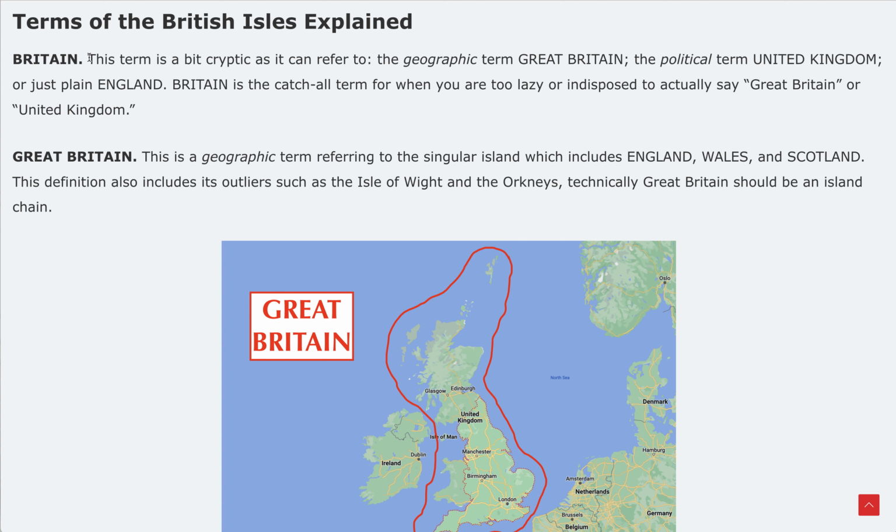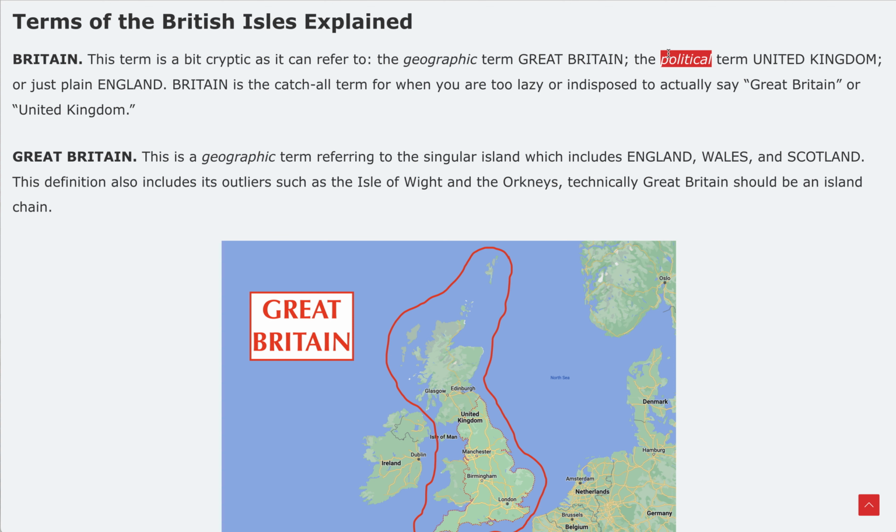Britain is, as I say, a bit of a cryptic term, as it can refer to multiple things. Okay, it's kind of like a Swiss Army knife of tools for the area. It's both geographic and political: the geographic term Great Britain and the political term United Kingdom.